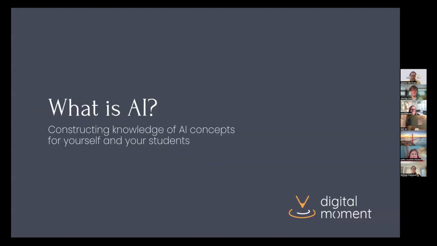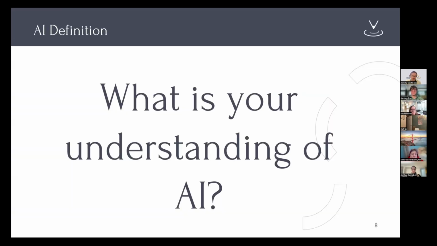So, what is AI? We'll try to define it and construct it from this. As an educator, it's important for us to understand it well, to be able to teach it, and to be confident and comfortable teaching these new subjects with our students.